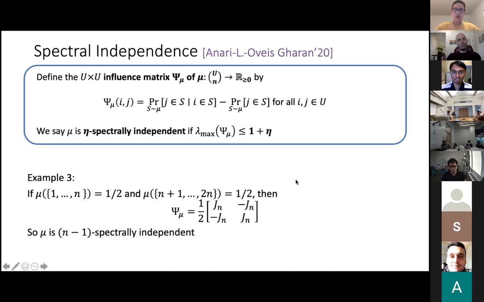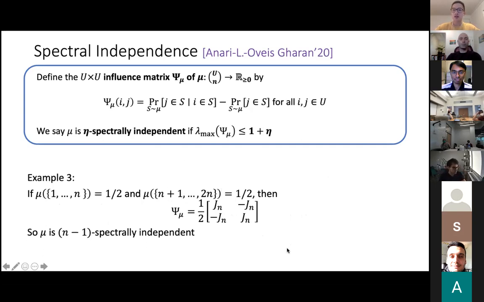And then as a third example, let's go to the other extreme. Let's say the distribution mu is supported on 2 disjoint sets, say 1 through n and then n plus 1 through 2n. In this case, if you know the status of one of these elements, say element 1, then you know exactly which set you sampled. If I know 1 is in the set that I sampled, then I know that I sampled this set and that I didn't sample this set.